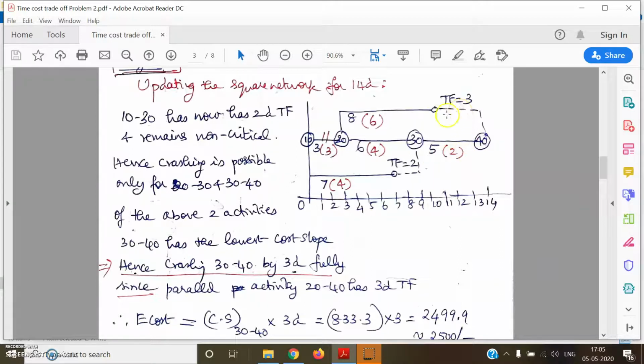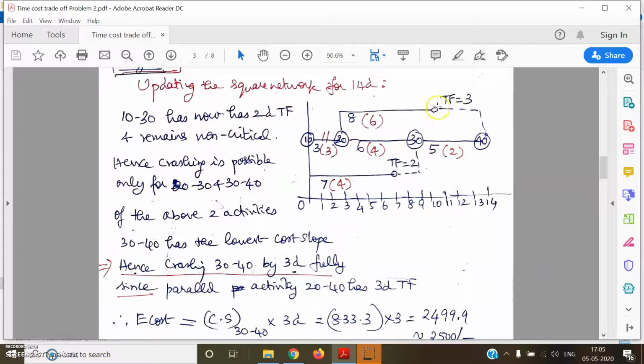I have to see the non-critical activity which is parallel to 30-40. 30-40 has 20-40 as a parallel non-critical activity, which has a total float of 3 days. Therefore, I can crash 30-40 completely by 3 days, because there is a total float of 3 days along 20-40.